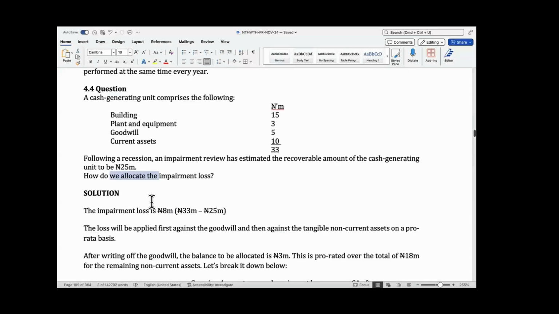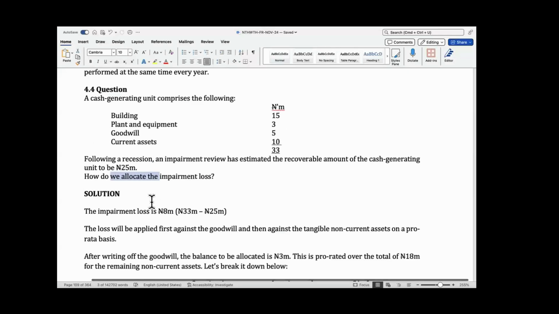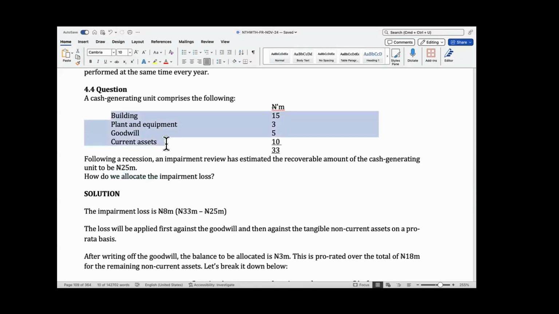Like I told you, the order is first you allocate to a damaged asset, then to goodwill, then to other assets on a pro rata basis. In this CGU, we were not told that any of the assets is damaged.